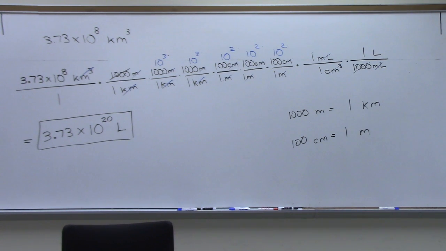So the meters has to be down here. That's the whole idea: if this was down here, you'd want the 1,000 on top and the 1 kilometer on the bottom. So it's the position of where you start with the original problem that dictates everything after that. Yes. So if the meters was down here, then I would put everything on top. You would flip that, 1,000 meters on top, and put the 1 kilometer on the bottom. Okay.